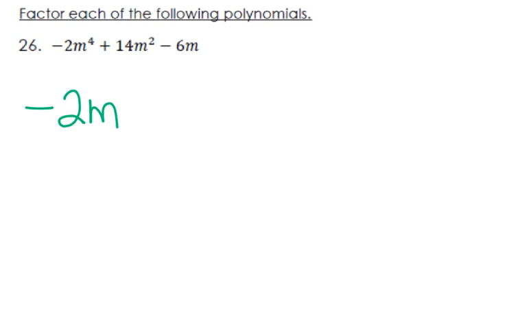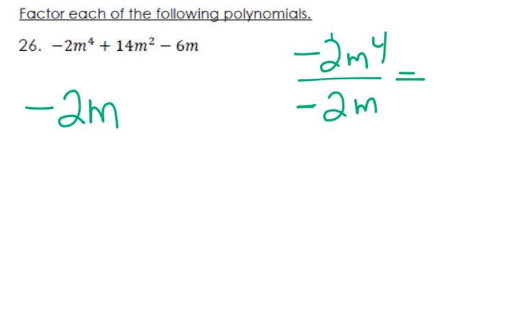So I'm going to take out -2m. So if I do -2m to the fourth divided by -2m, the -2 is canceled, and m to the fourth over m is m to the third. So I get m to the third left.